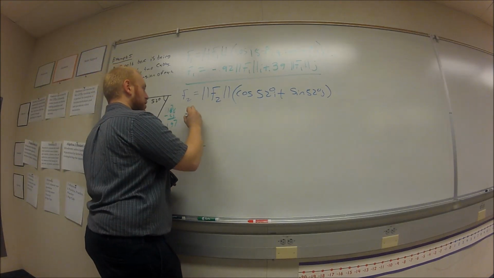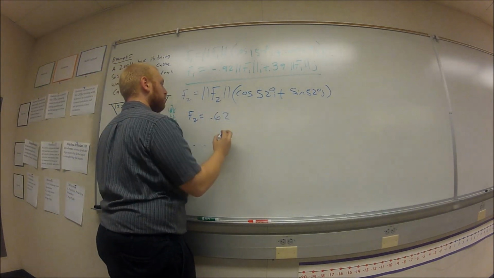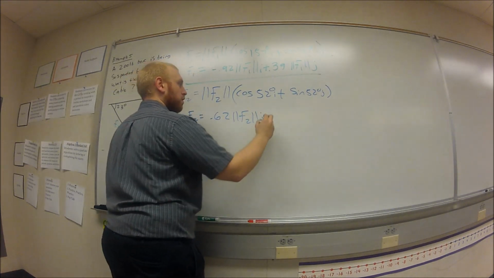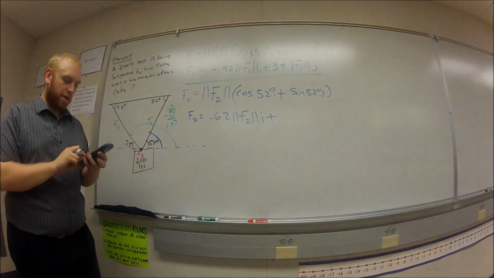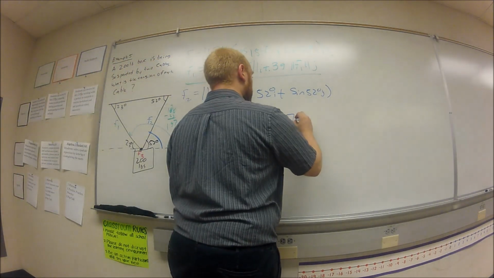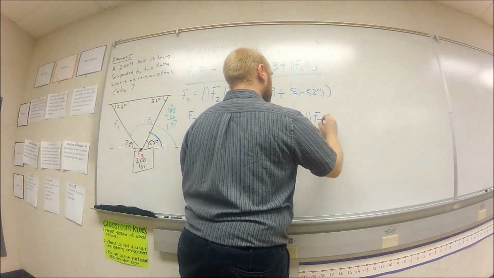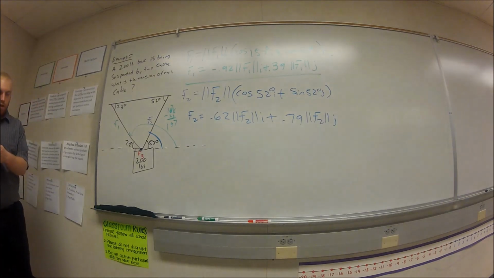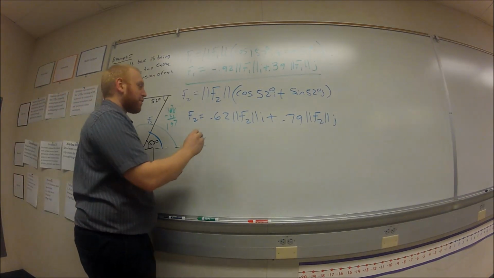So we know this has to equal 0.62 force 2 i plus sine of 52, which is 0.79, times the magnitude of force 2 j. And then remember, we have a third vector.